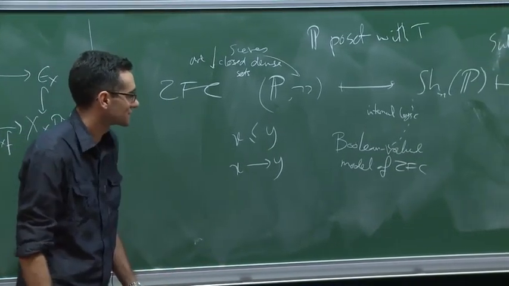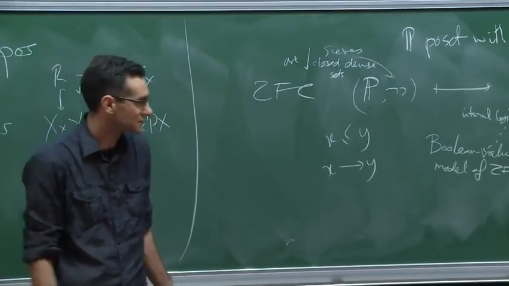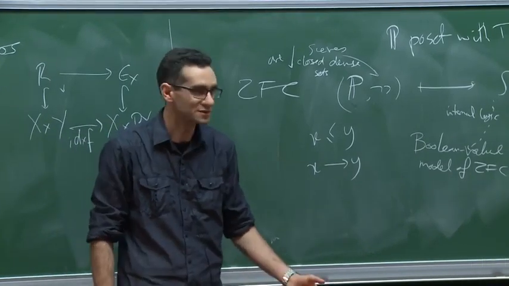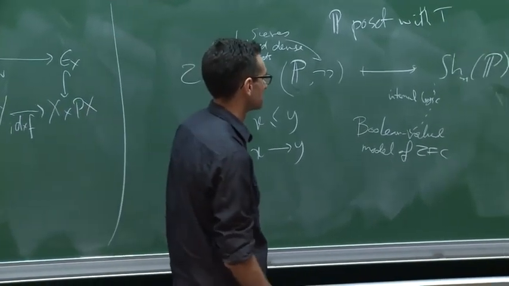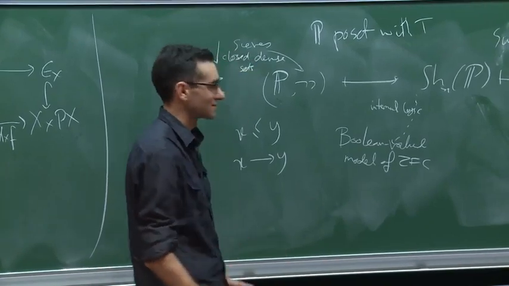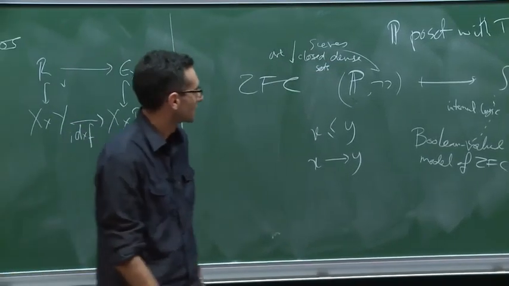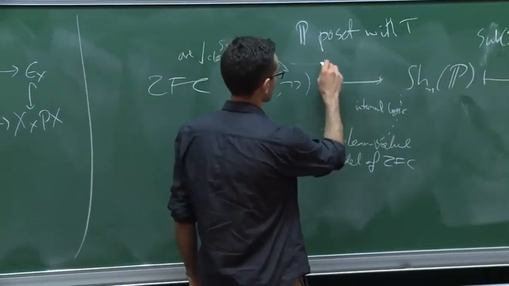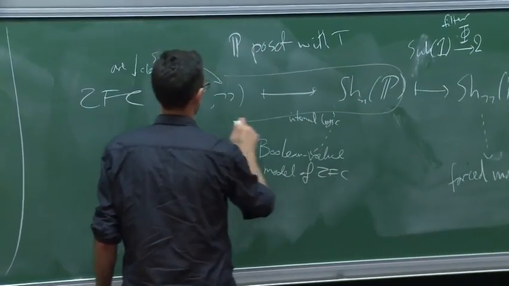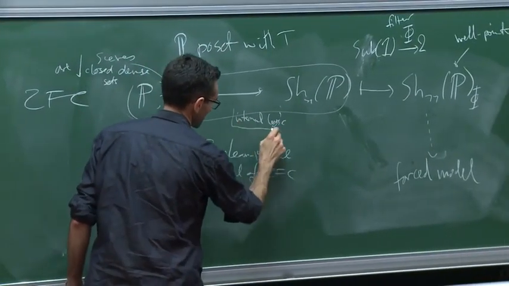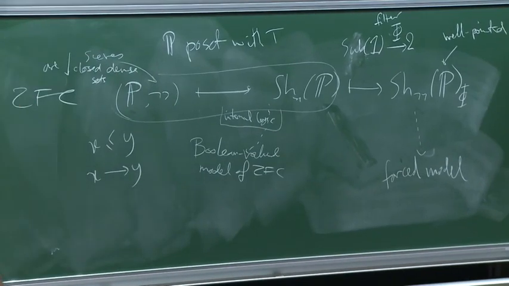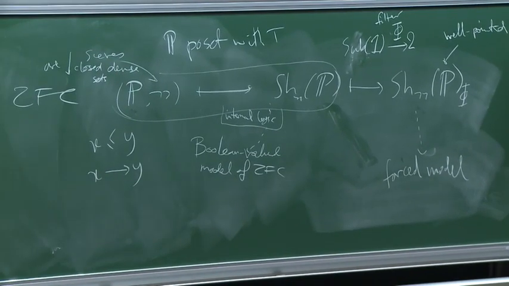Set theorists don't like it if you say that set theory is a study of well-founded, pointed trees, but it's not really, but that's what they're studying. So this is the step that we like. And perhaps just tack on the internal logic, because that's where all the action happens.